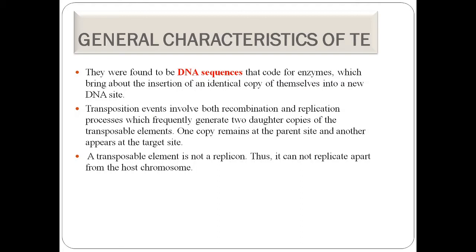They are DNA sequences that code for enzymes which bring about the insertion of an identical copy of themselves into a new DNA site. They do not code for any protein or any coding region. The work of a transposable element is only to replicate, or by cut paste mechanism to enter anywhere inside the genome.